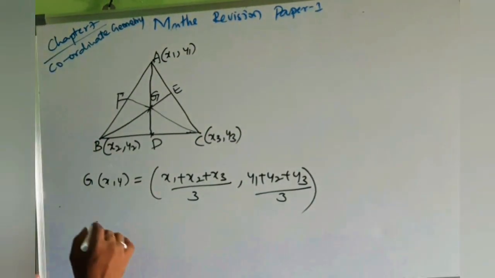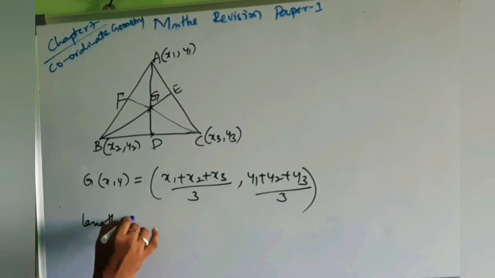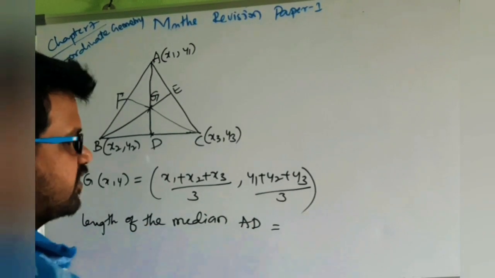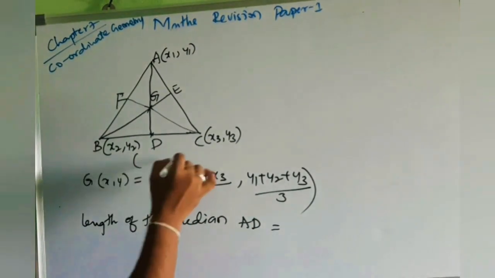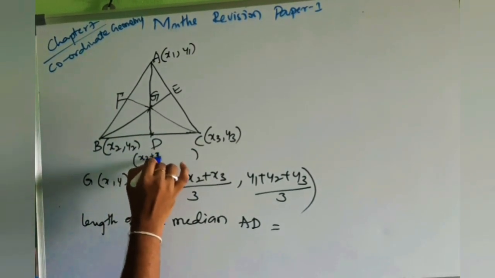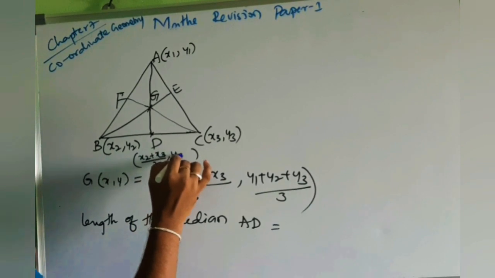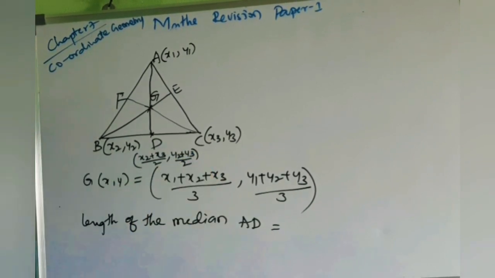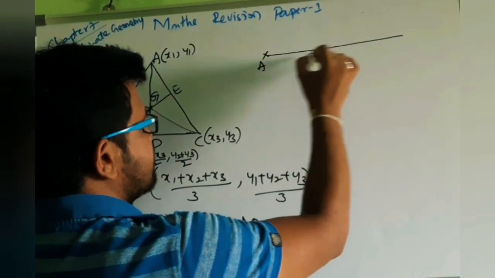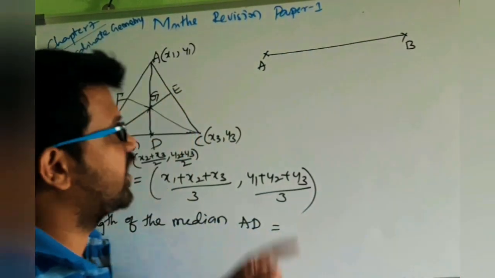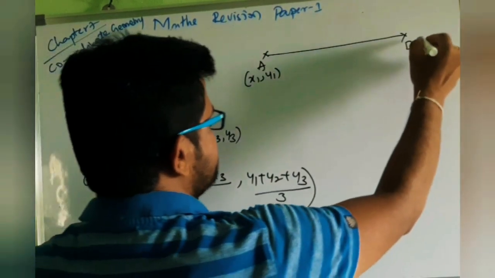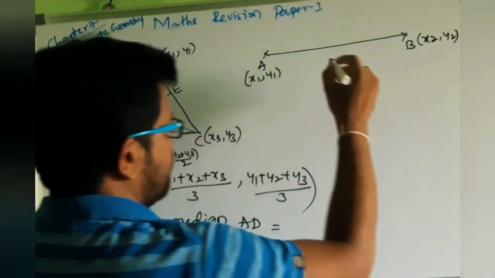If they ask to find the length of the median, length of the median AD, how to find that? First you have to find the midpoint of BC, that is x2 plus x3 by 2 comma y2 plus y3 by 2. What is the midpoint formula? In section formula I said that AB is a line segment joining 2 points A and B. The coordinates of A are x1 comma y1, coordinates of B are x2 comma y2.